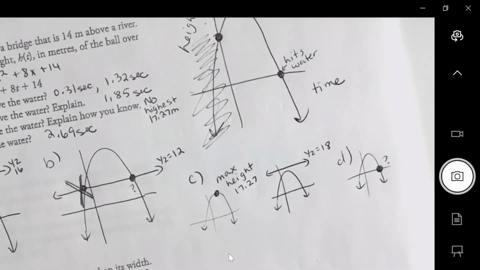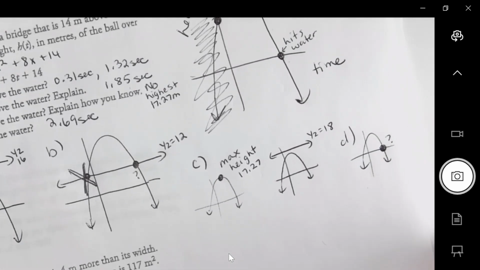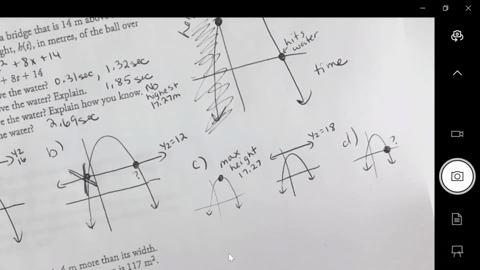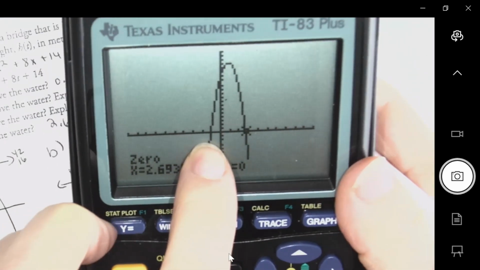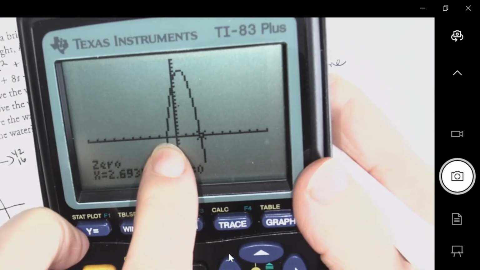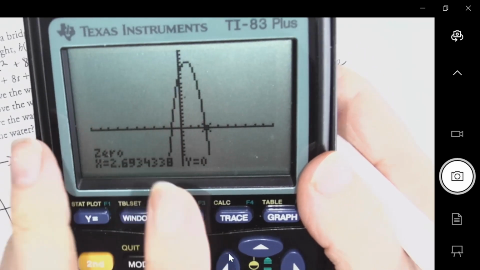Okay, 2.69 seconds. Obviously, I'm not going to worry about that 0 because it's the non-existing part of the graph.